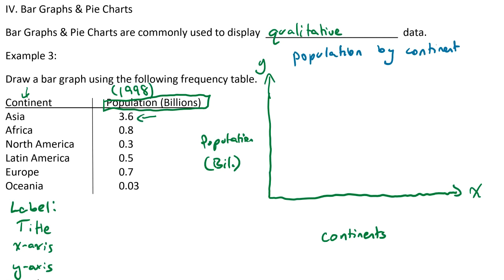So I'm going to go ahead and just go up to 4. And I'm going to make this just a little bit higher. So this is going to be 1, 2, 3, 4. And I'm going to make some smaller tick marks just to help us know where those halfway points are as well.